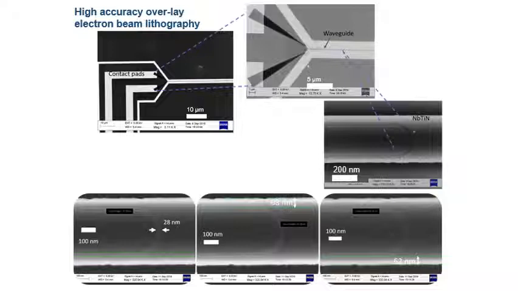If I zoom in onto it, I can see the waveguide, which is 450 nanometer wide, and in the middle I can see here this nanowire, which is NbTiN, a superconducting detector for single photon detection. That is the purpose of the kind of device that we are making here.